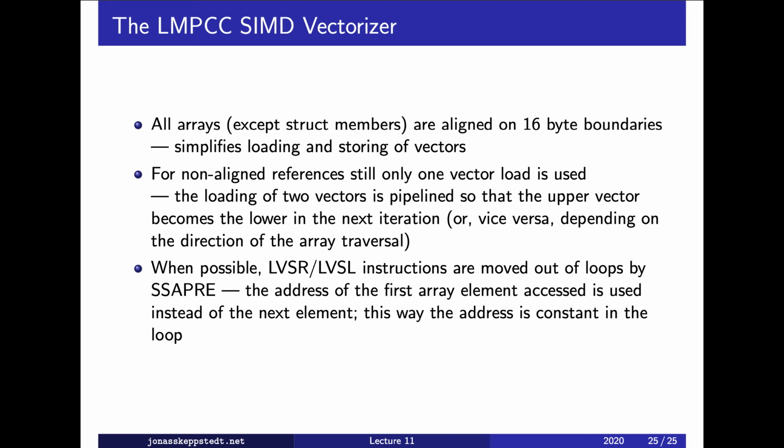Otherwise the compiler, SSA PRE, doesn't understand that they produce the same control instruction for vector permute unless their input sources are identical. So therefore we use only the first array element for this. Okay.